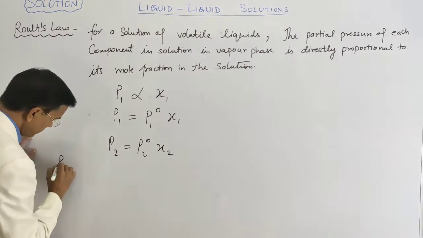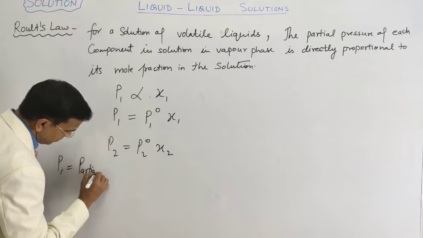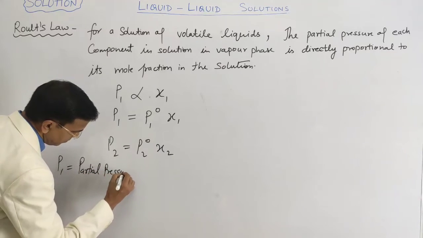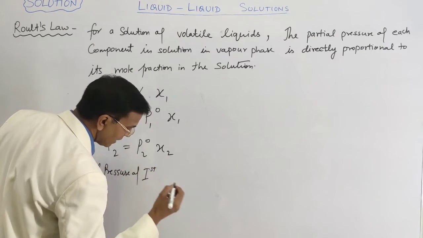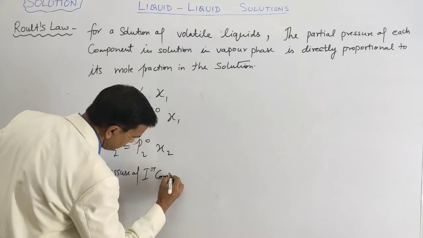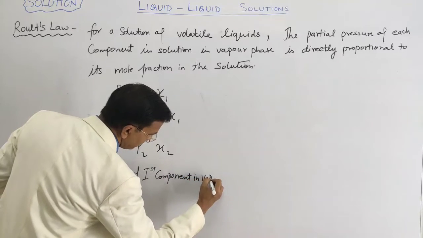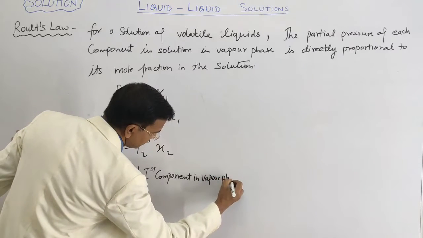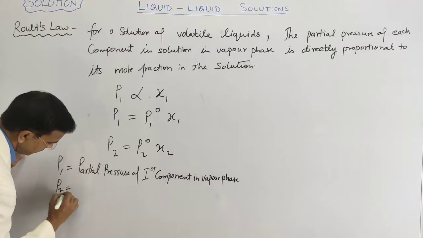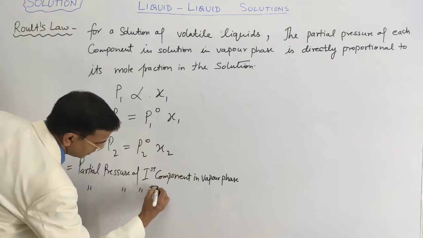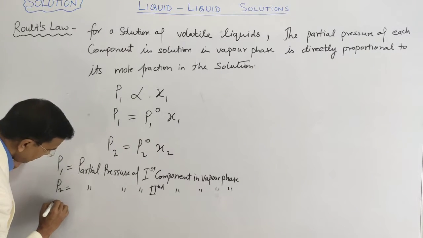Here P1 is equal to the partial pressure of first component or first gas in vapor phase, right? In the same way P2 is equal to partial pressure of second component in vapor phase.